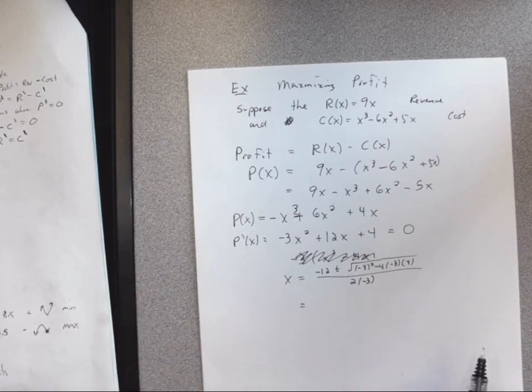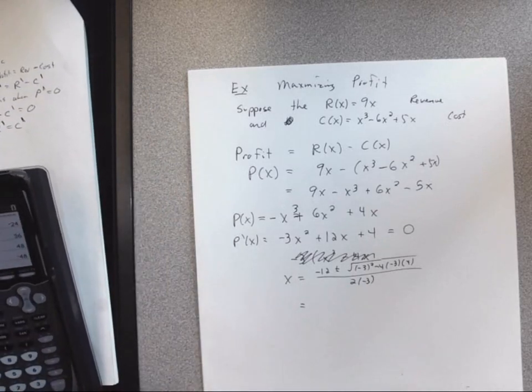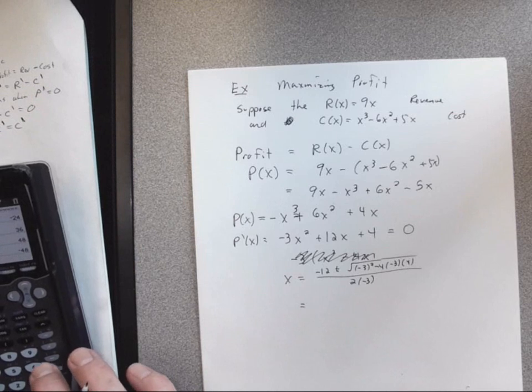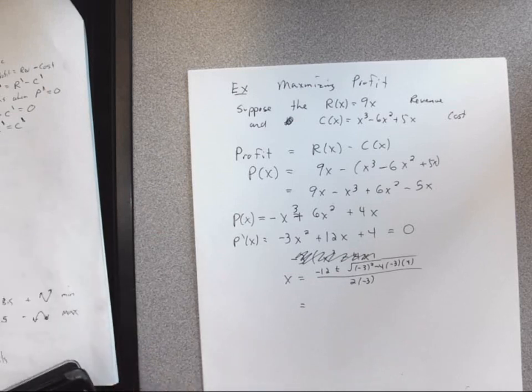So I'm going to make sure that my work is correct. We have 9 minus 4 times 57, huh?